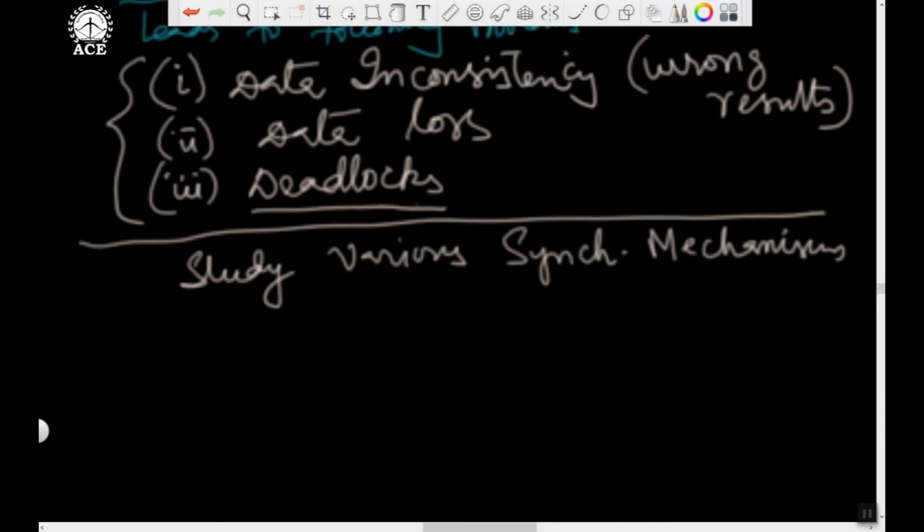To understand that terminology, I will take a simple example, the producer-consumer problem that we discussed earlier. By means of that, we can understand the terminology, and using the terminology later, we can introduce the topic of synchronization mechanisms. Now that terminology leads to defining a problem; the first term is called critical section.